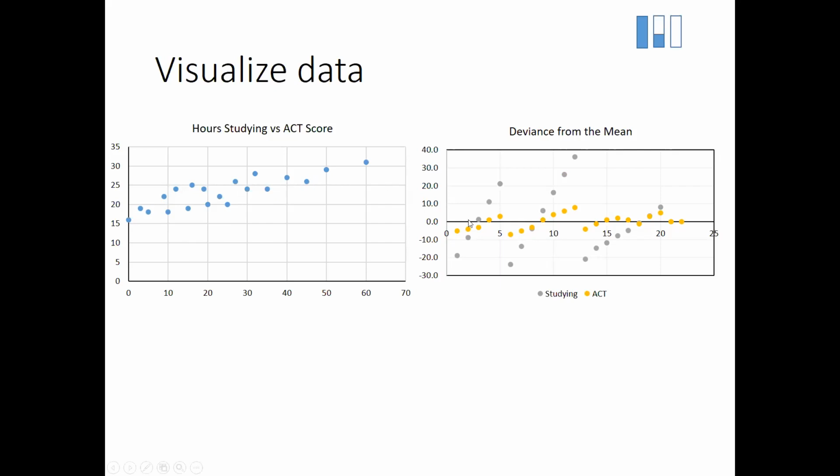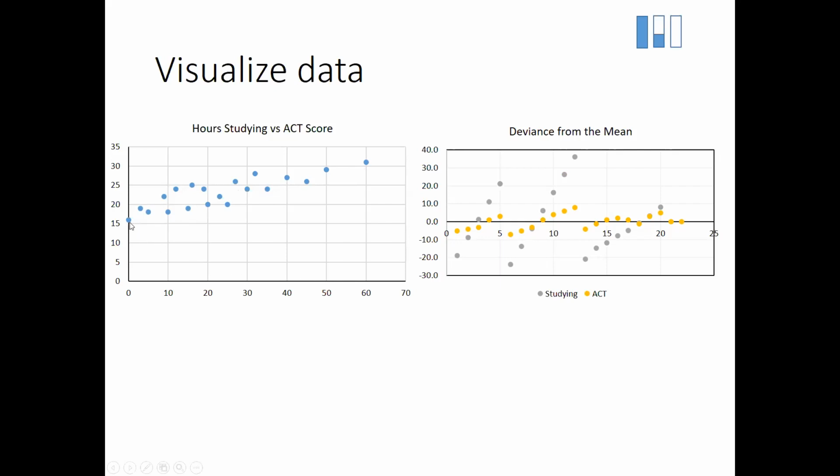And so what we need to do in terms of understanding how these two measures vary from each other is we have to take the difference of the variable value itself from the average score. Okay? So we take the average number of hours studying, and let's just say it's around 23 hours.